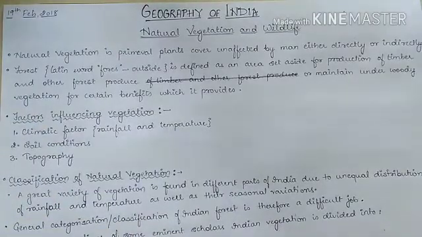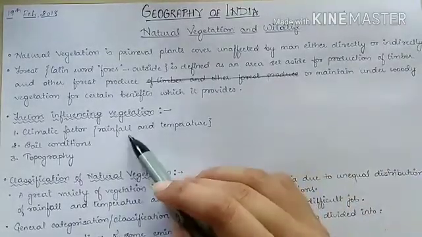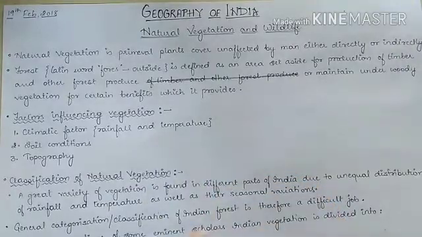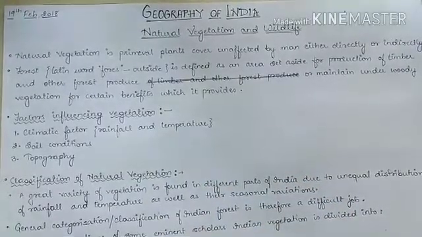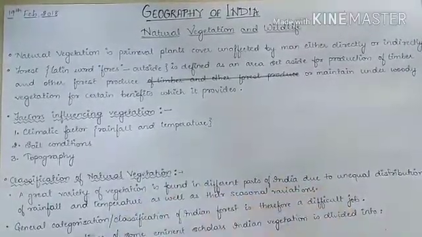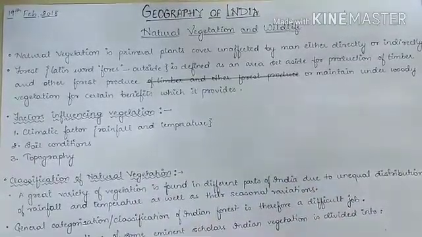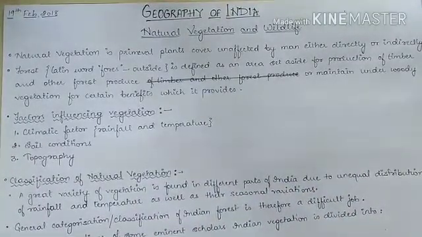Now what are the factors that influence vegetation? Vegetation is basically influenced by three geographical factors. First one is climatic factor. The climatic factors are, first rainfall, then temperature. In rainfall and temperature, rainfall is the major factor, more important than temperature, except in Himalayas.